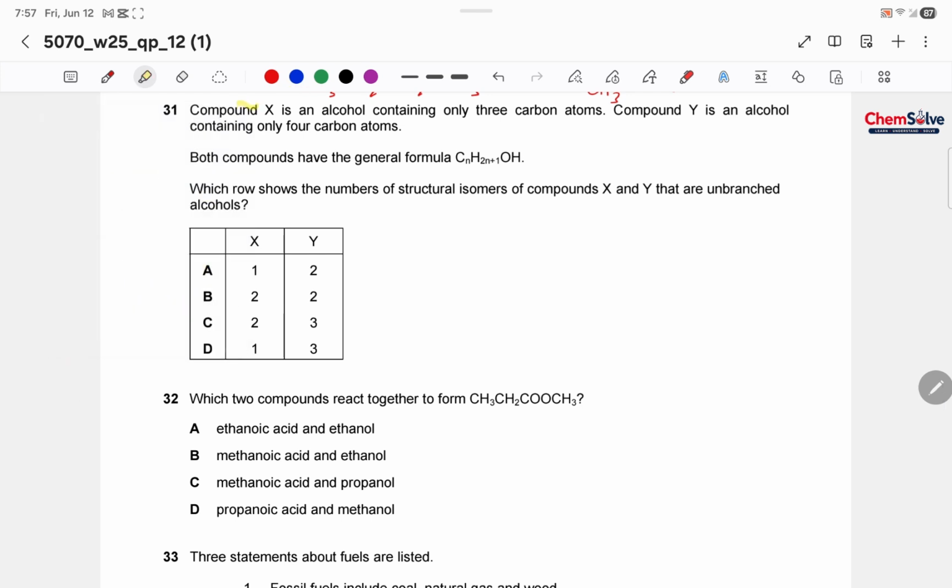Compound X is an alcohol containing only 3 carbon atoms. So it has only 3 carbon atoms. Okay, and it's an alcohol. So what would be the formula of X?